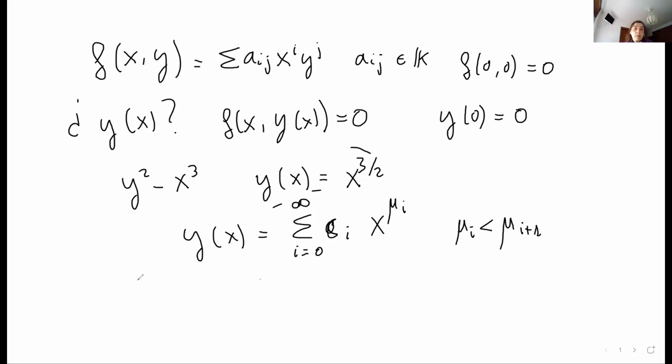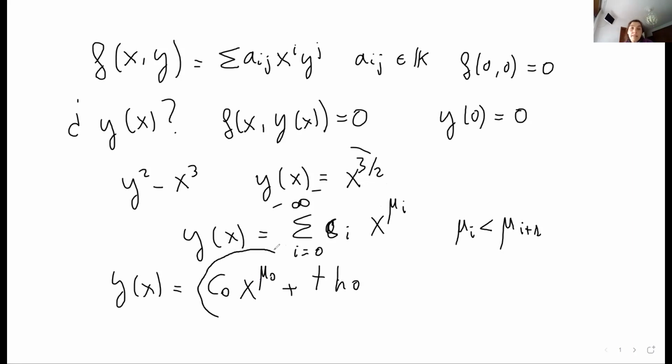So I will say that y(x) equals c_0 x^(mu_0) plus terms of higher order. This is the part we want to find, and then we are going to iterate.